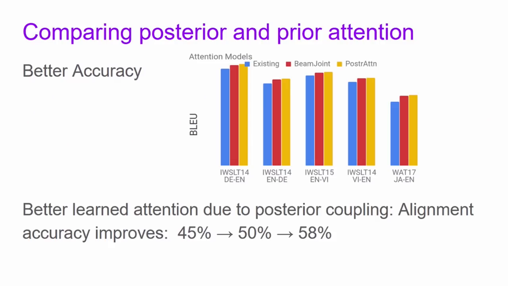So we show that these posterior attention networks, the yellow bars, provide even better accuracy than the beam joint, which is based on only using the prior attention when you couple adjacent attention distributions. And we find that with posterior attention, the alignment accuracy gives a dramatic improvement. Earlier with soft attention, which was existing in the encoder-decoder model, it was 45%. With joint attention, we went to 50%. And now if we move to posterior attention, we get a further 8% improvement in alignment accuracy.